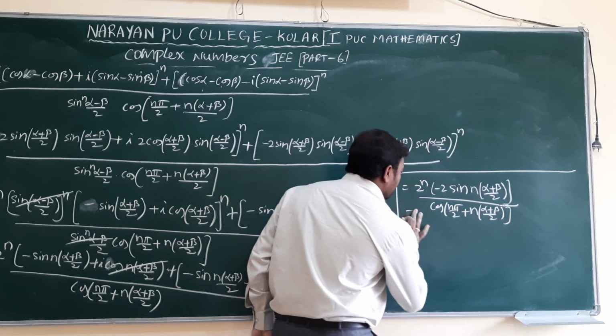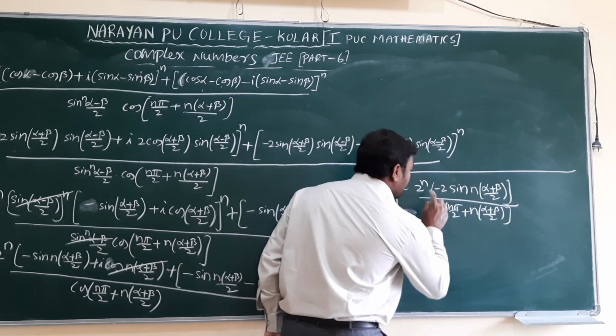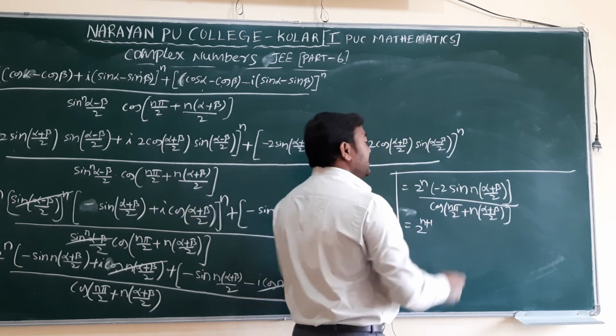Now, taking outside, the remaining is 2 power n plus 1, with a minus sign.